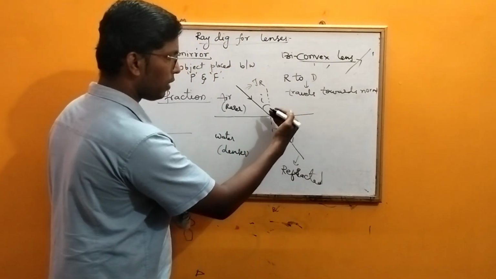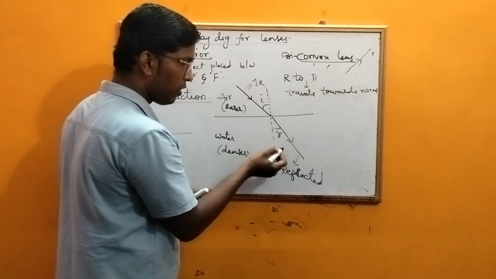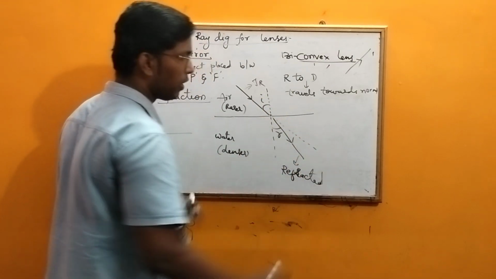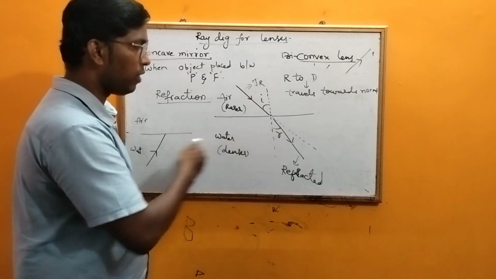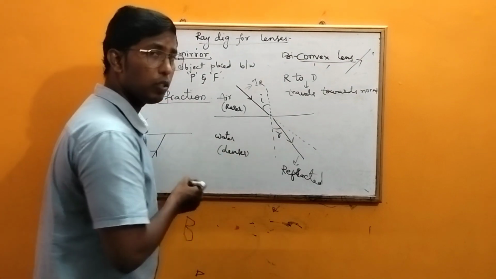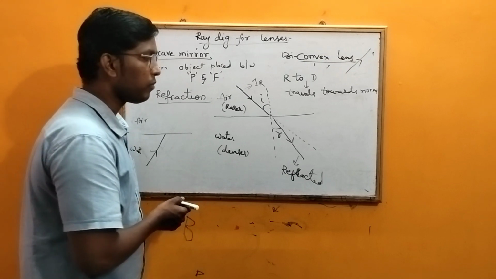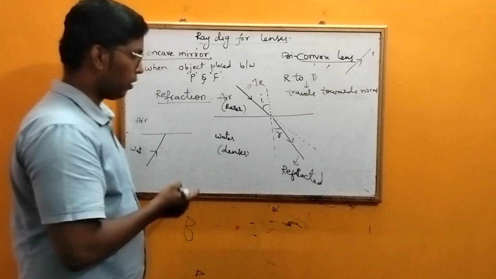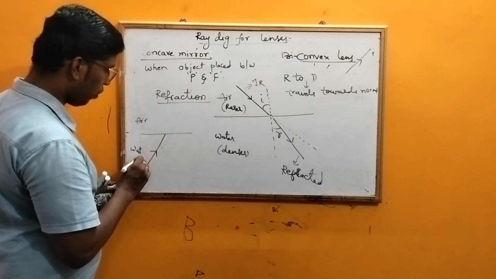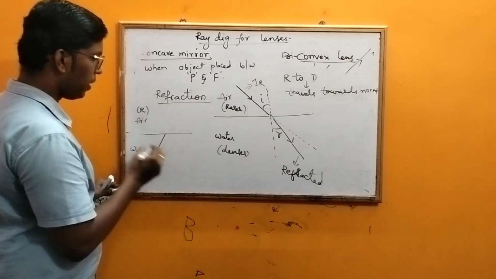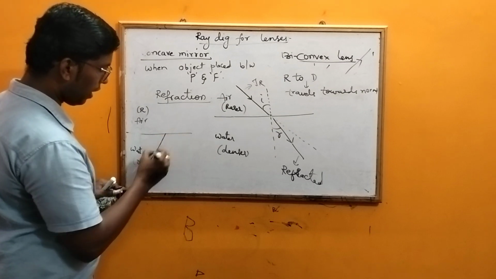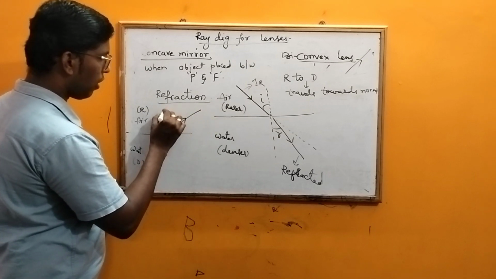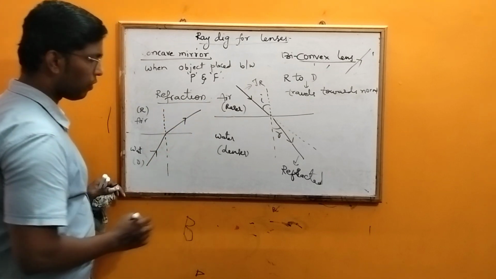What is happening? The direction is changed. The actual direction is this, but the direction is changed. Bending and traveling. And what happened to the speed? Speed also changes. And it travels closer to the normal. Now coming to the second condition. Water is denser and air is rarer medium. When a light ray travels from denser to rarer, after refraction, it travels away from the normal line.